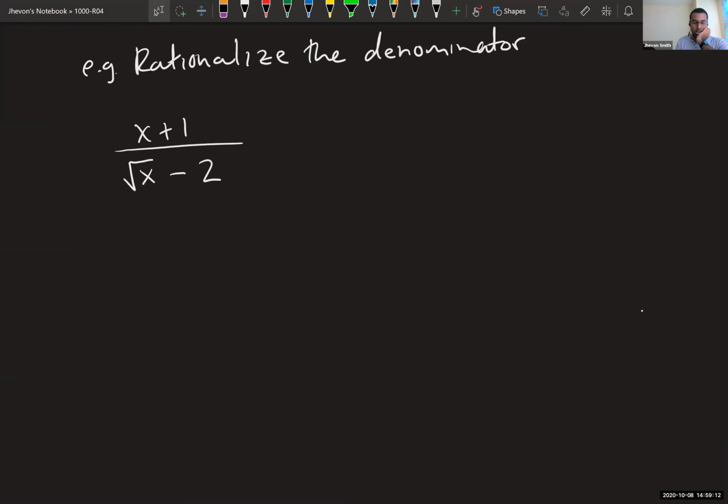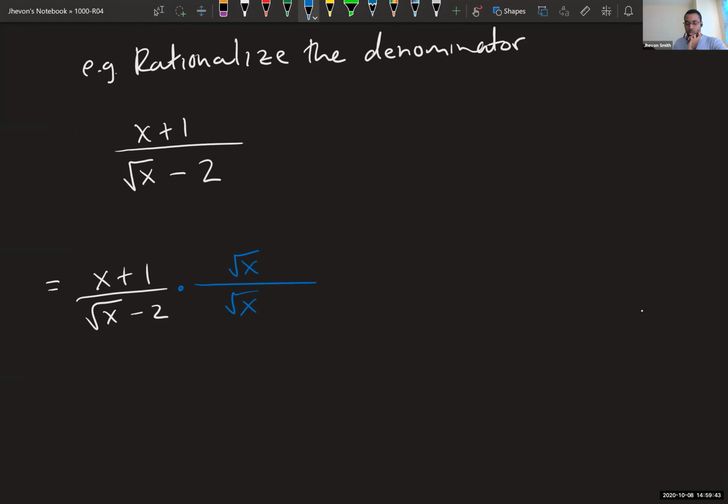What do we do here? What do you multiply and divide by? Square root of x. Just the square root of x? Plus 2.